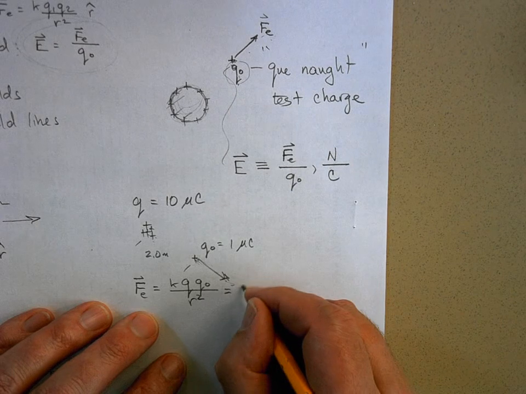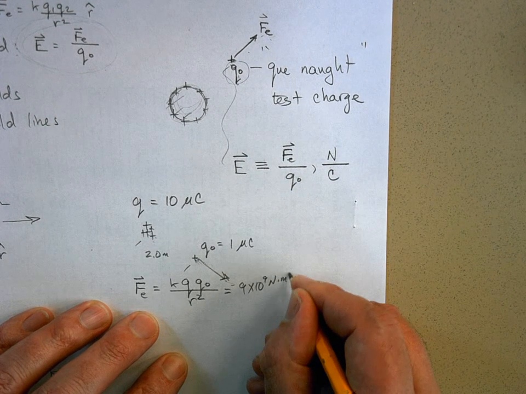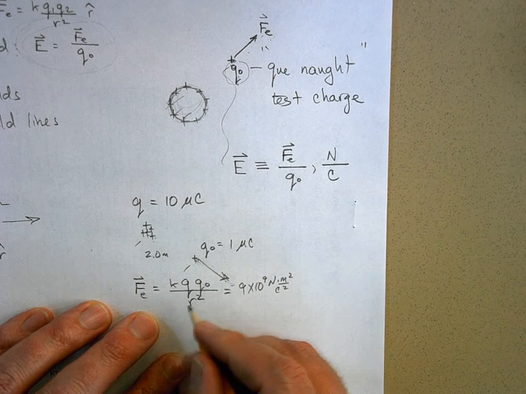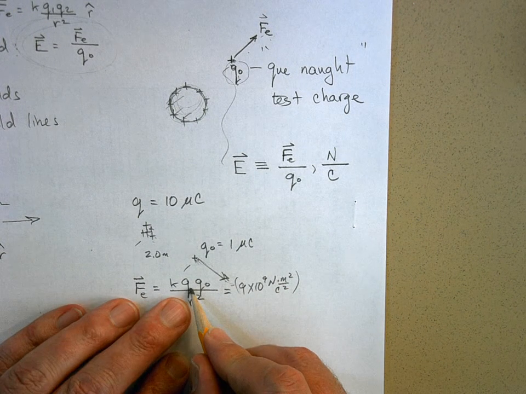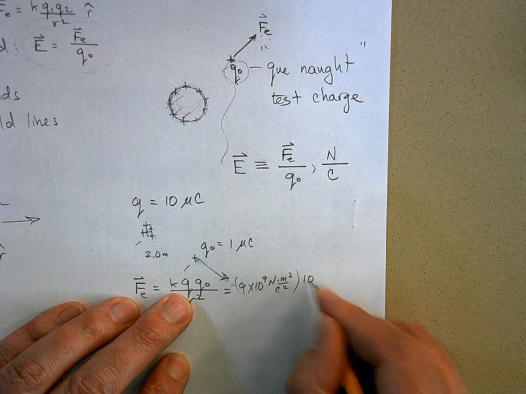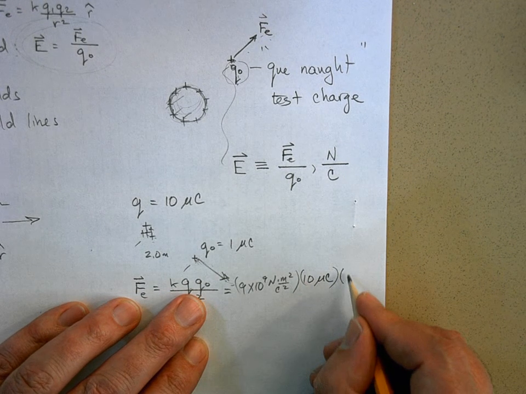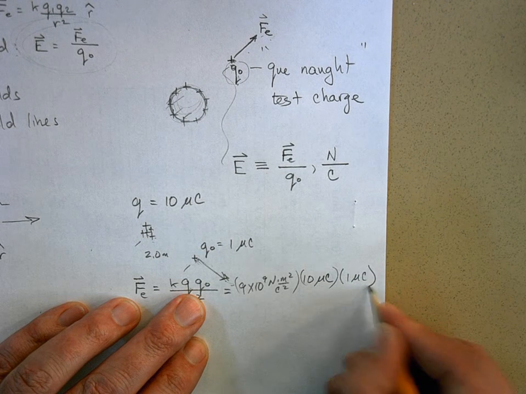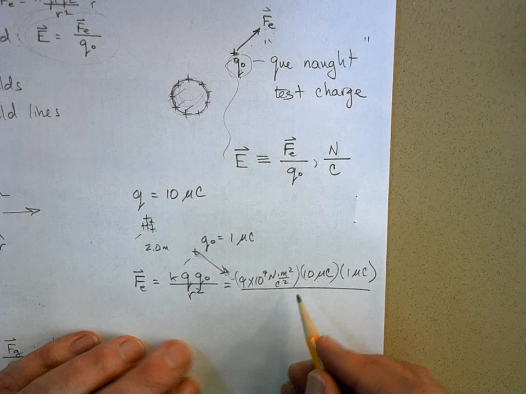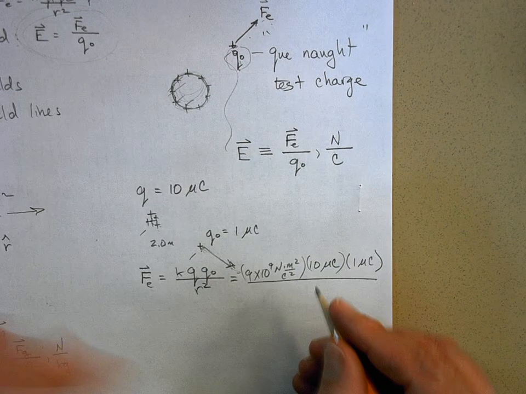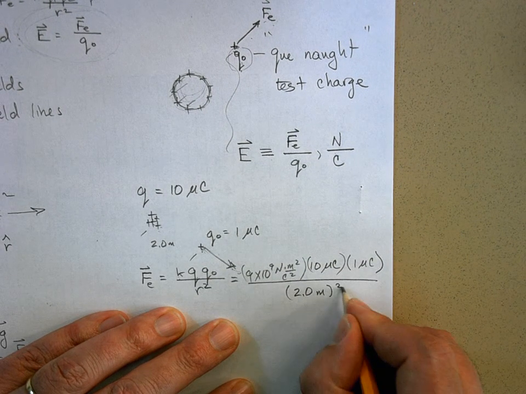This is 9 times 10 to the 9 newton meter squared per coulomb squared, that's the electric constant. Q is 10 microcoulombs, Q naught is 1 microcoulomb, divided by r squared. The distance between these is 2 meters, and we're going to square it.